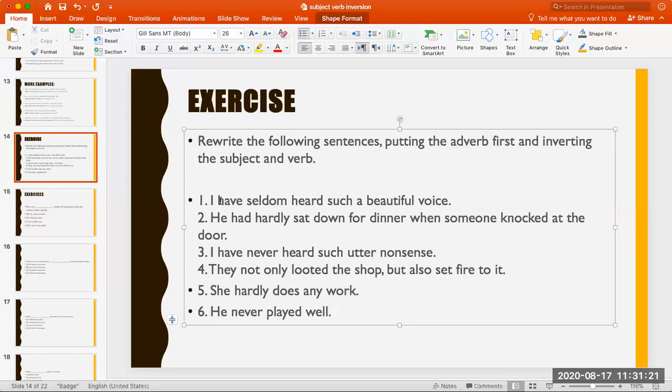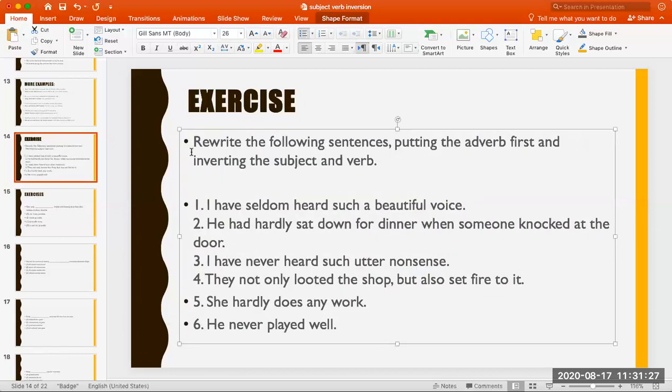So I'm creating sentences where you need to bring a verb like do, does, or did. So pause the video, try to work on these sentences. Begin with seldom, hardly, never, not only, hardly again, and never again.